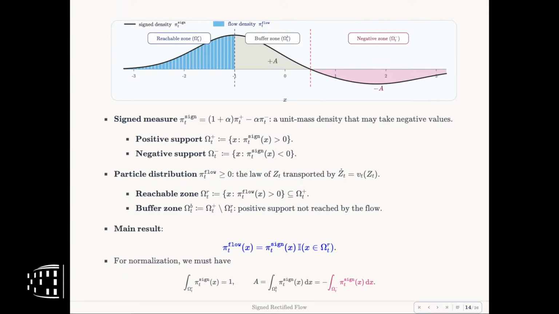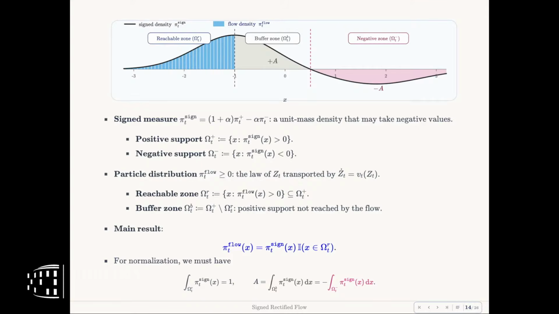Just some definitions. If you look at the signed measure, you can define the positive and negative regions as we already have. And then there is a different measure, which is the distribution of the ODE. You solve the ODE, you trace the ODE trajectory, and you get a distribution following it. I will call this distribution pi t flow. This distribution is always non-negative; it's a true distribution.